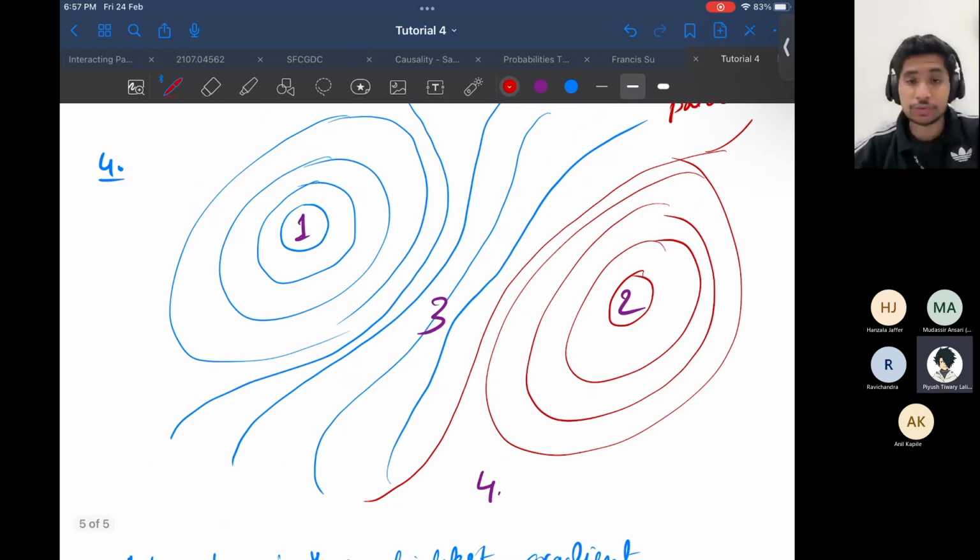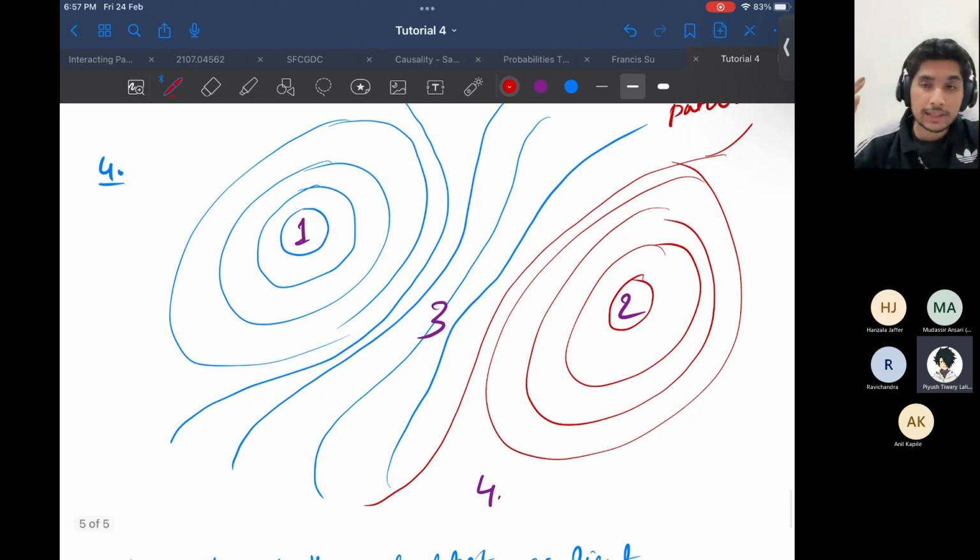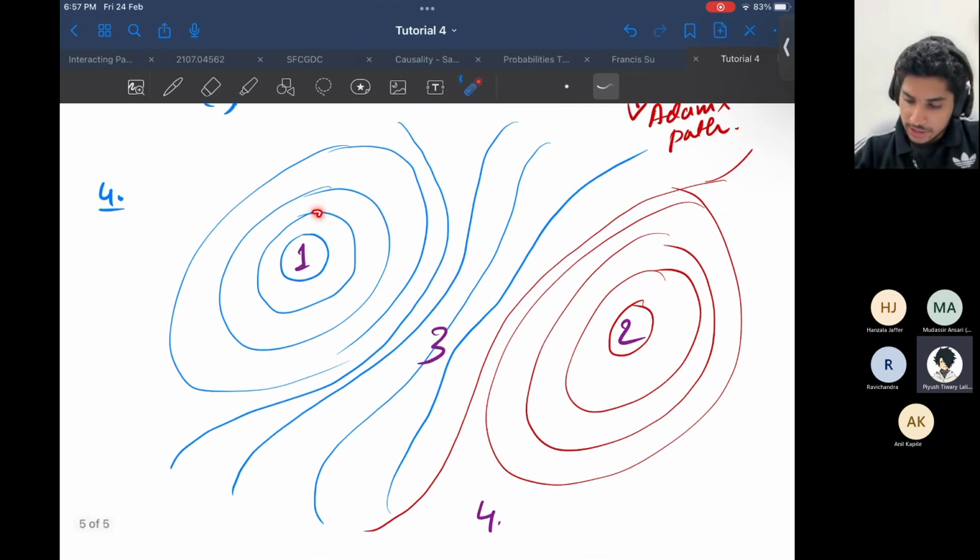Now, for this given contour plot, let us remember what the contour plot means. What does this even depict? There is a function.